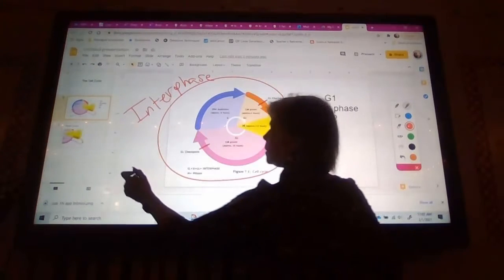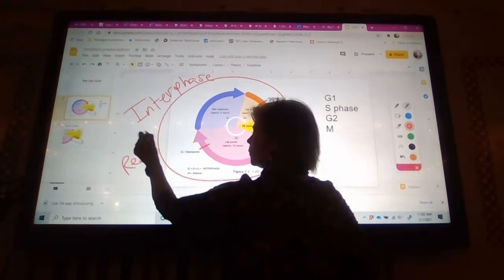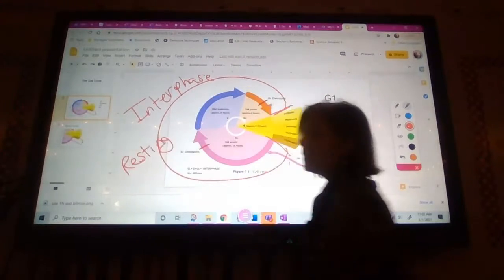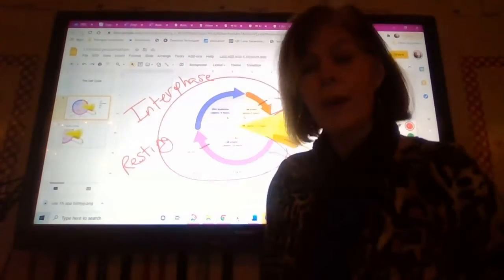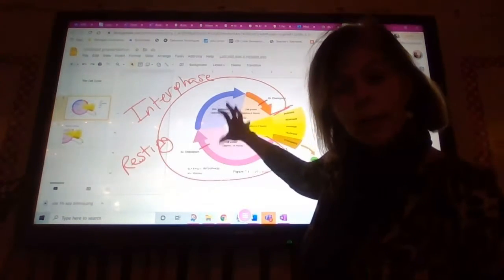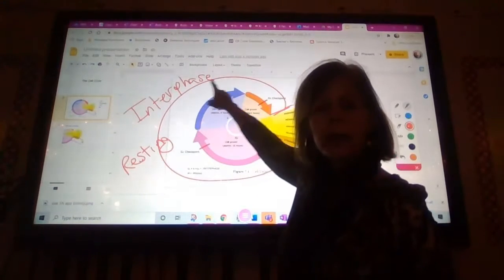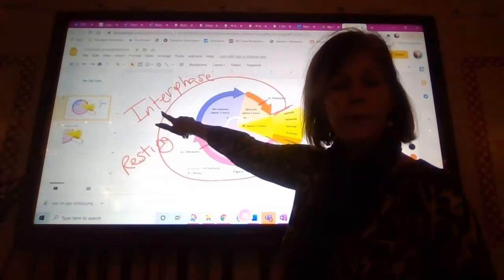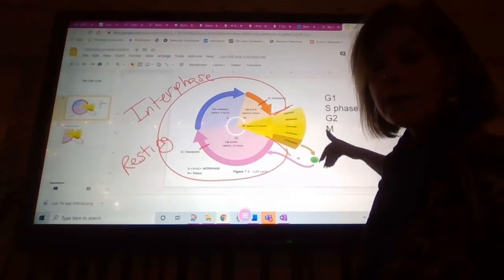So you may see the word resting, but that basically means not dividing. Okay? So all of this, if this is the whole life cycle of a cell, you can see a majority of it is spent in interphase. Okay?